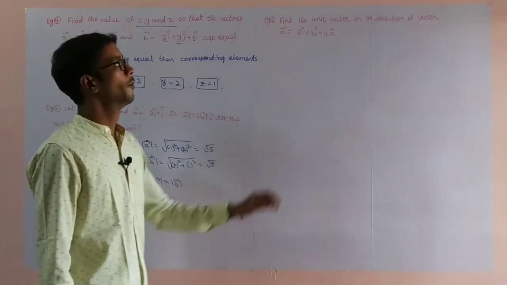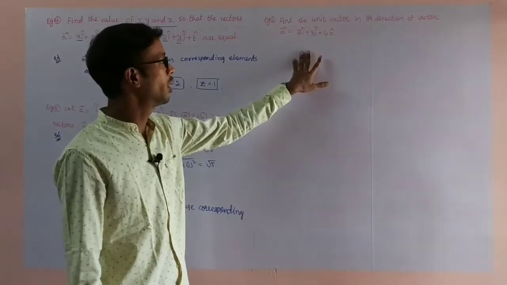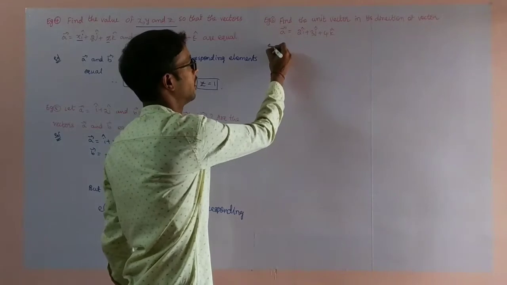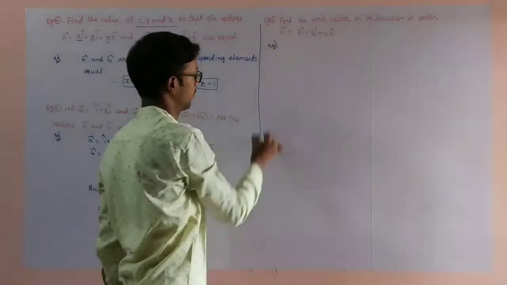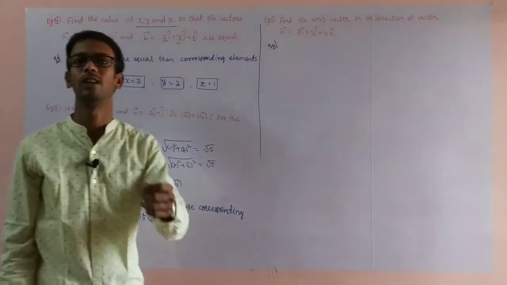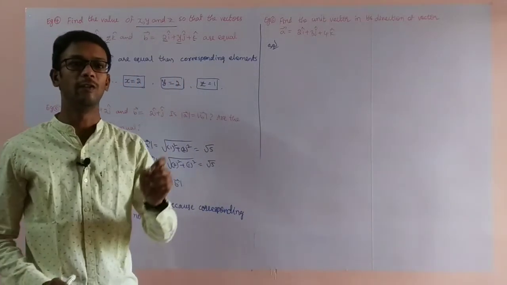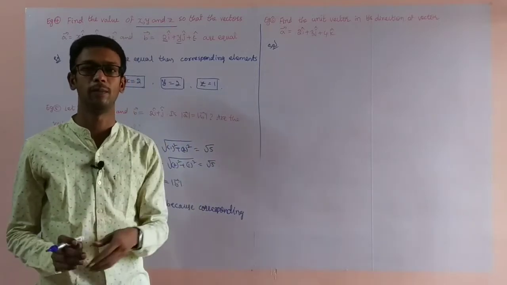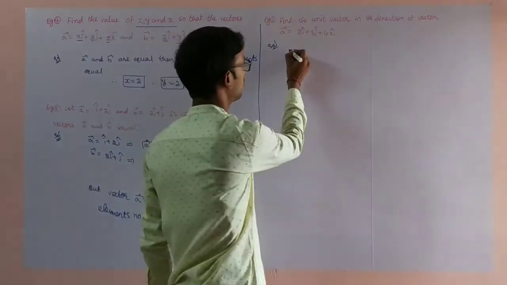Next, example number 6. Find the unit vector in the direction of a bar. I already gave the note point there: the unit vector in the direction of a bar is denoted by a cap.